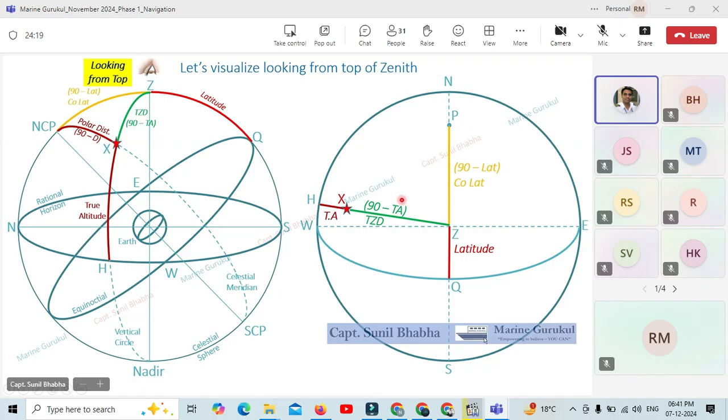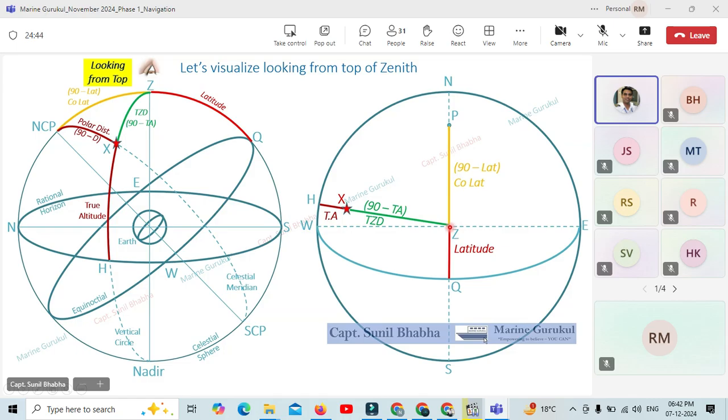Another important thing in the rational horizon diagram, you see the zenith is at the center of the rational horizon plane diagram, and the circumference of this particular diagram is the rational horizon of the observer. Now we know every point on the rational horizon is 90 degrees away from the zenith.